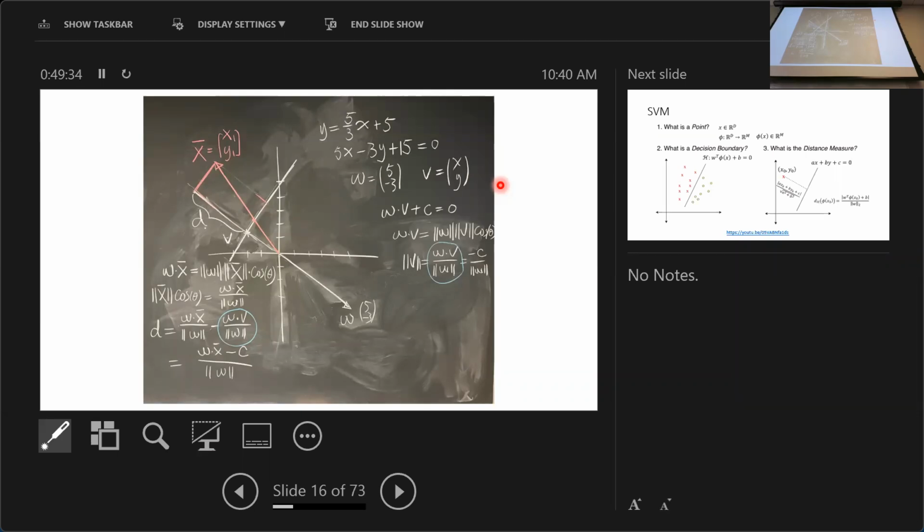So D, which is D1 minus D2, is this part, minus C. D1 is here, D2 is there, and the difference is reduced into this operator.